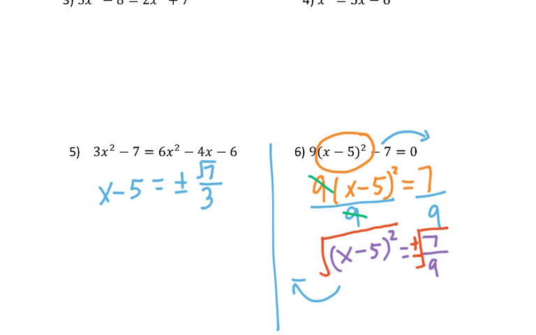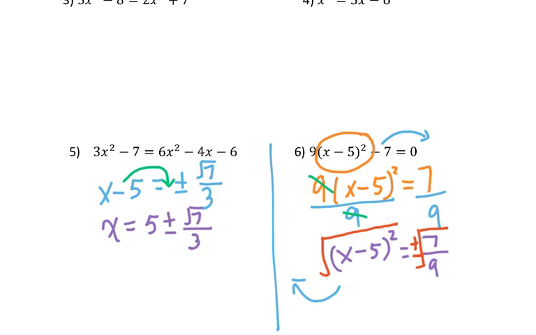Then I need to isolate this x because this is linear. So I move -5 to the right side. Do not forget to change sign. So your x equals 5 plus or minus square root of 7 over 3.